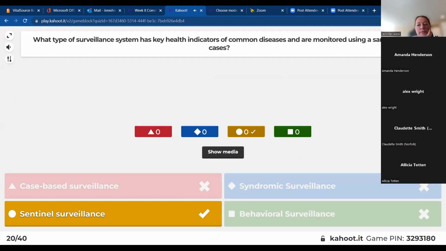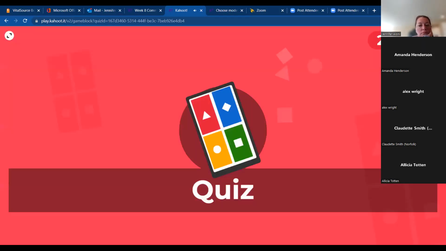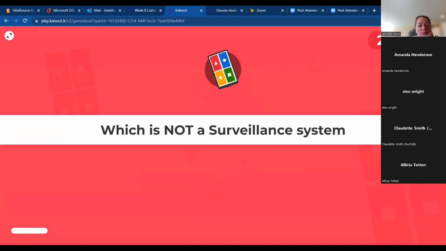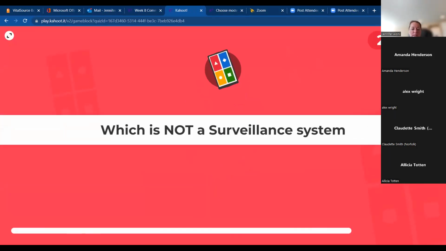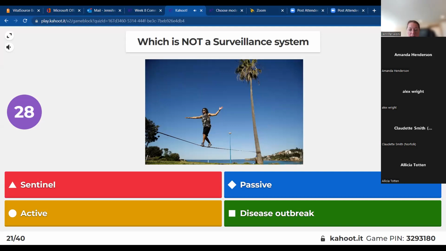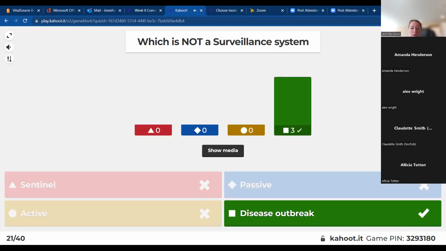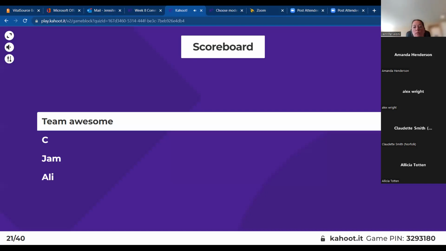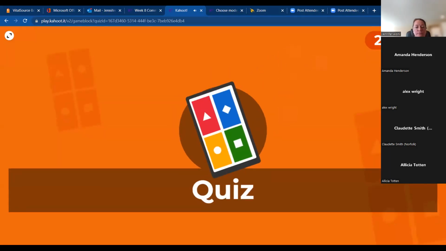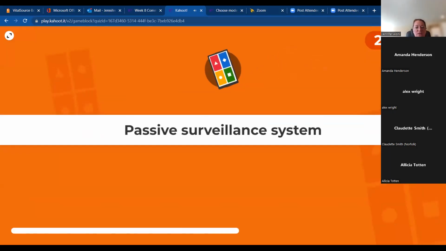I don't like that one. Which is not a surveillance system? We talked about three different kinds. Good, you guys remember. All right, one more and then we'll go. Passive surveillance system.